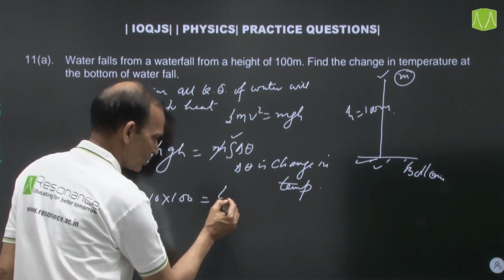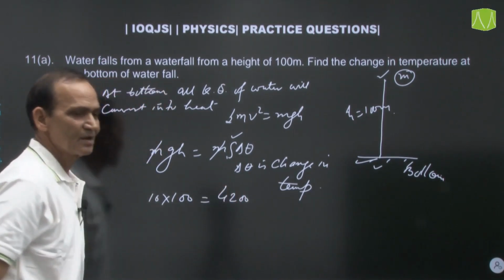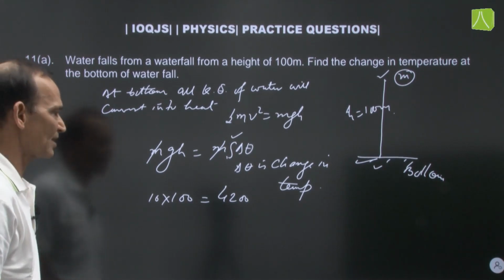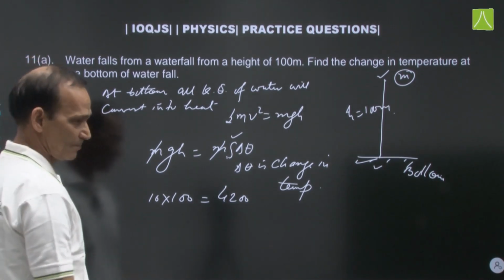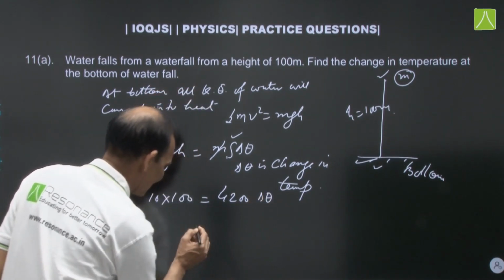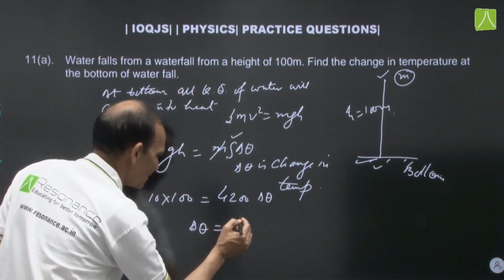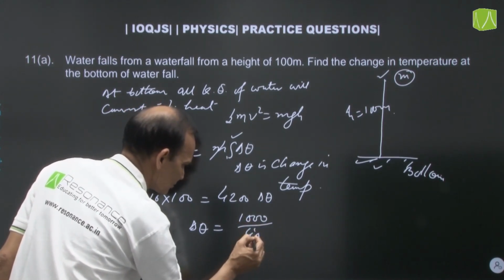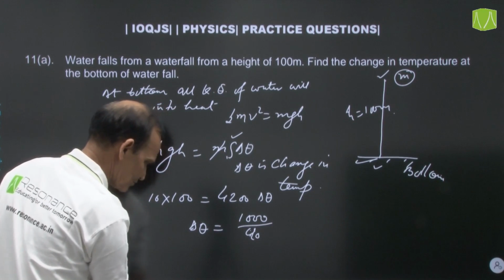That, now you know very well what is the specific heat of water, that is 4200 joule per kilogram, or delta theta is to be found. So what is delta theta? 1000 divided by 4200, that is 4200.